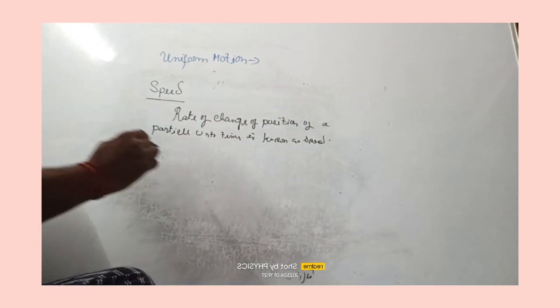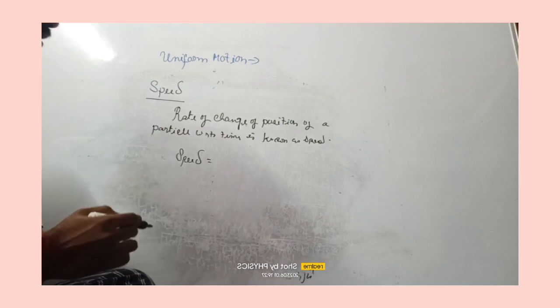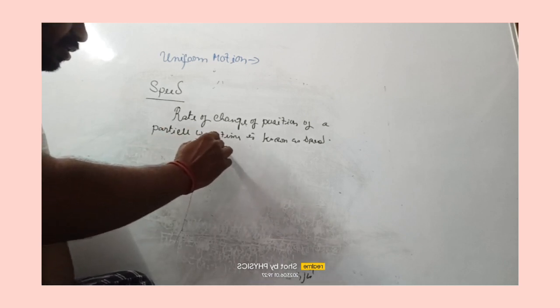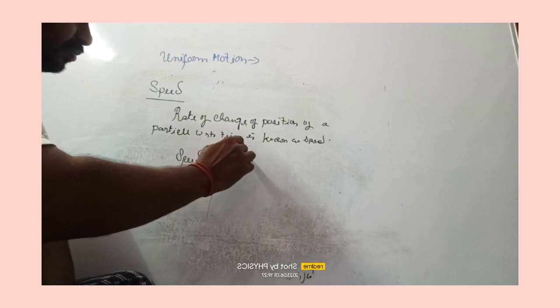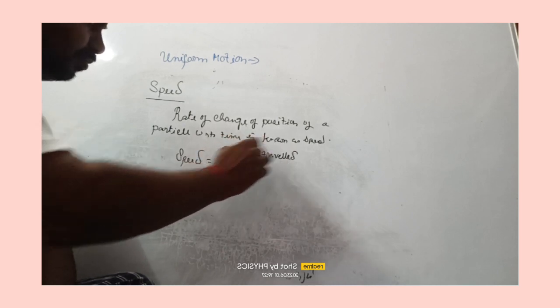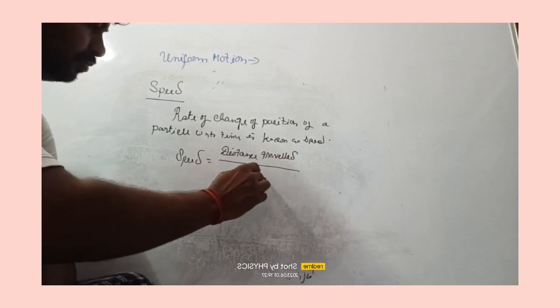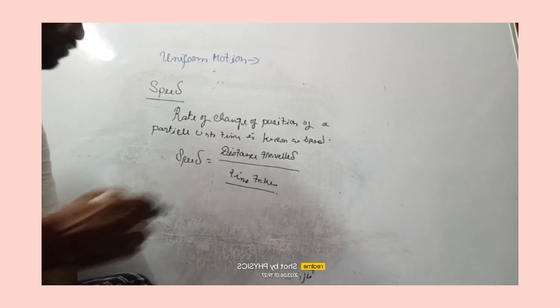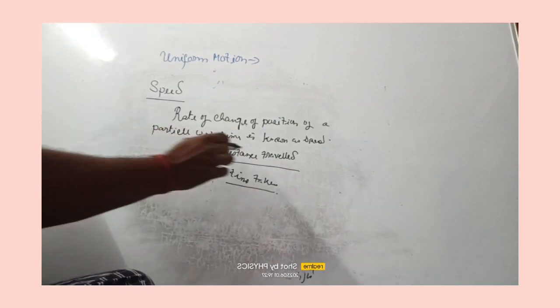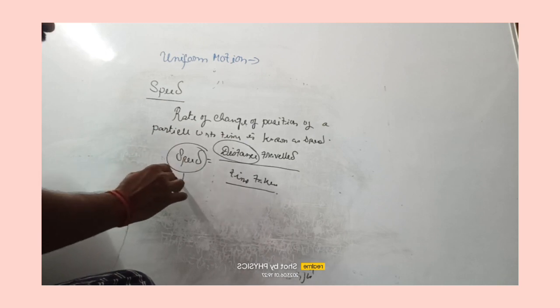Now the formula of speed is equal to distance traveled by time taken. Here the distance is a scalar quantity, so speed should be a scalar quantity.